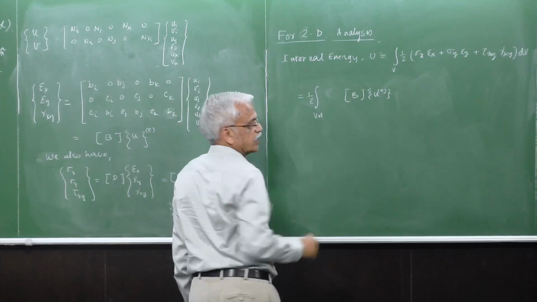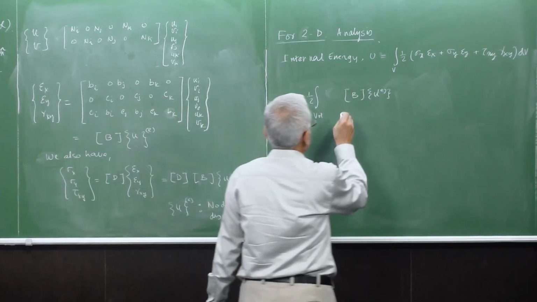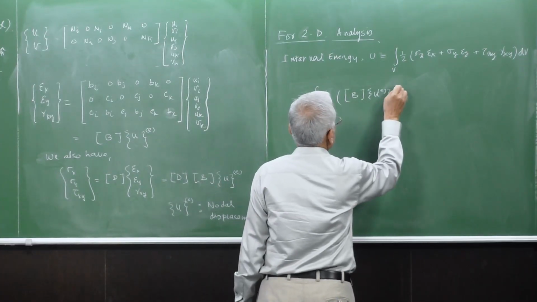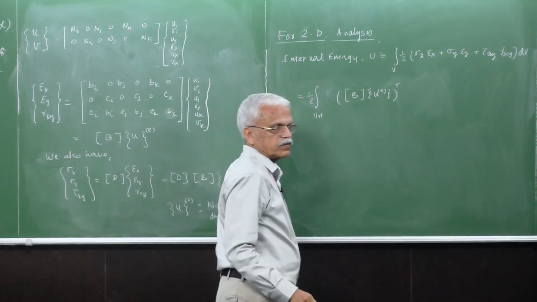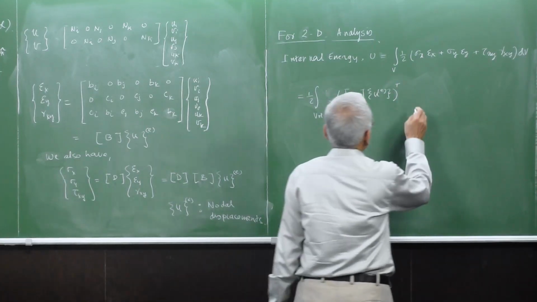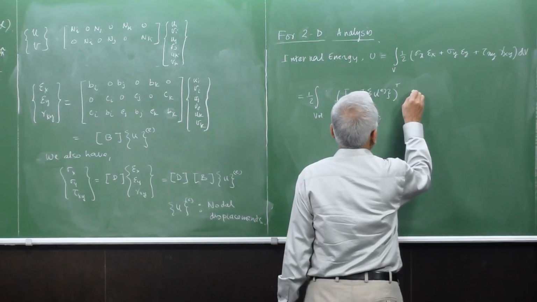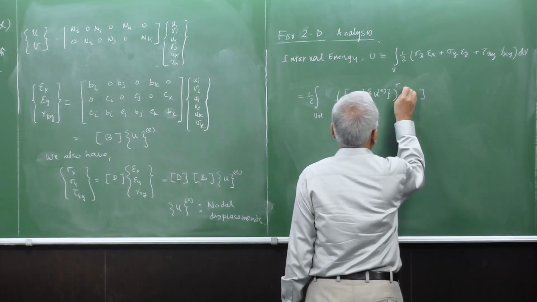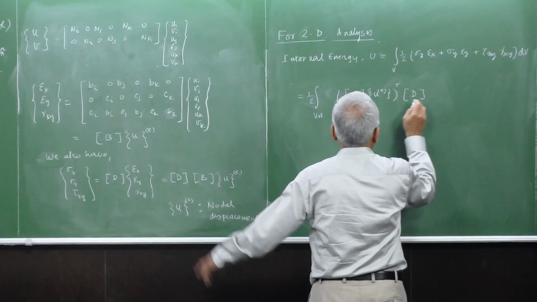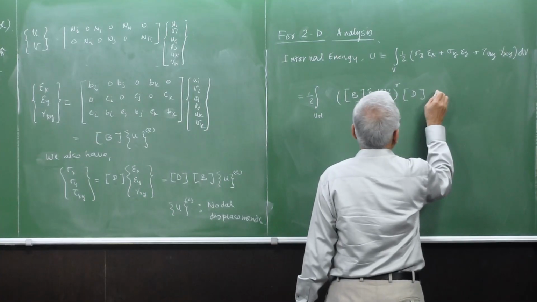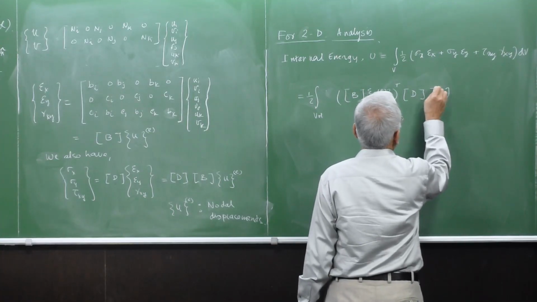So this is the strain in the column form, which we make into a row form, and multiply by the stresses here, and stresses also will be D times B times UE.